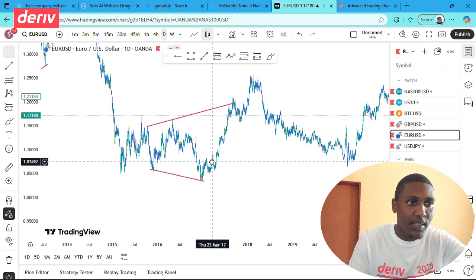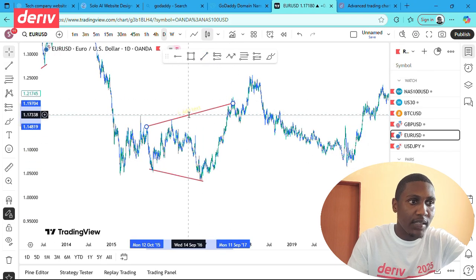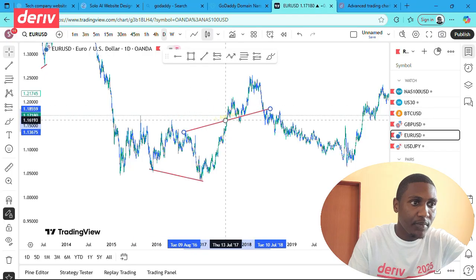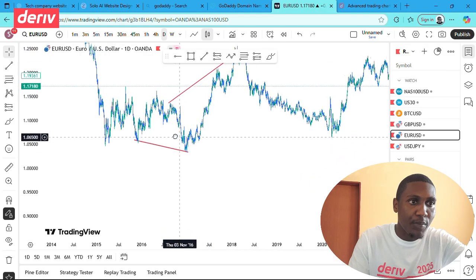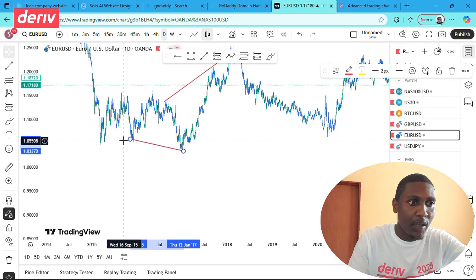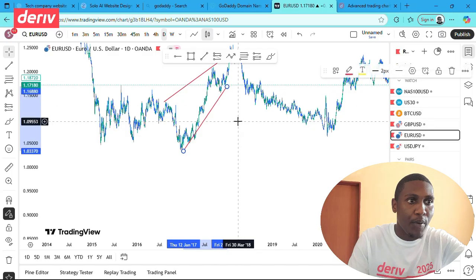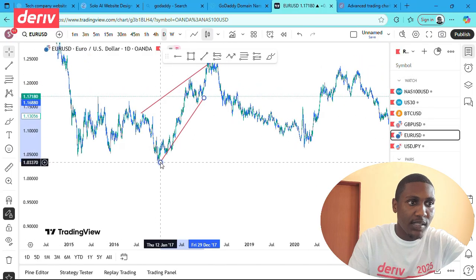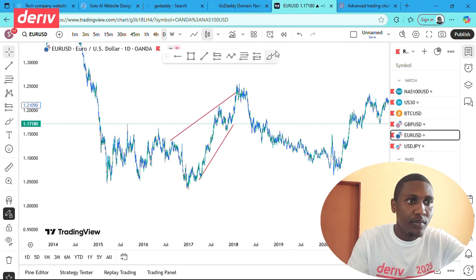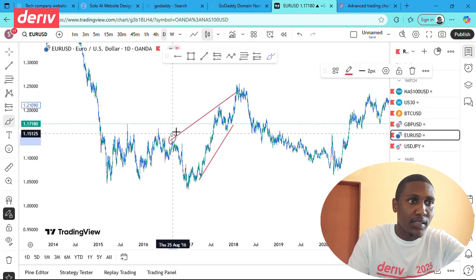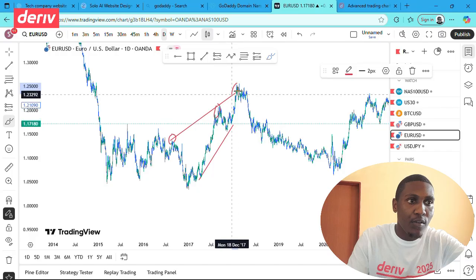Because we're having a pattern there, but it doesn't commit, right? We're actually looking for big moves, and we are interpreting price action, what price is telling us. So here again, what do we have now? We're having the same pattern, right? Same thing, it's appearing over and over again.